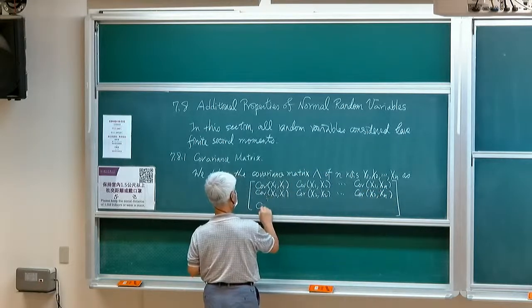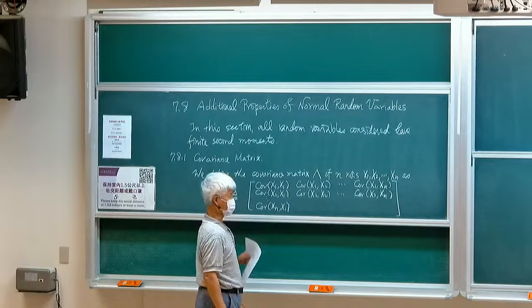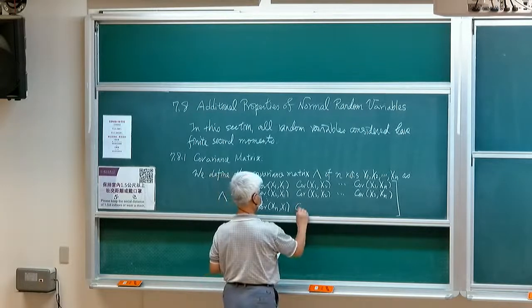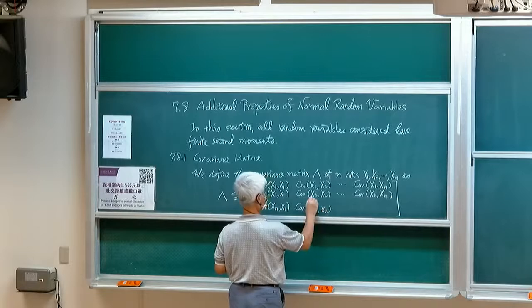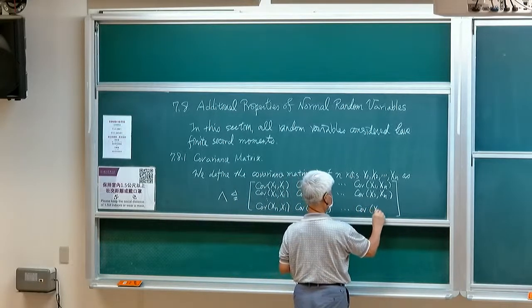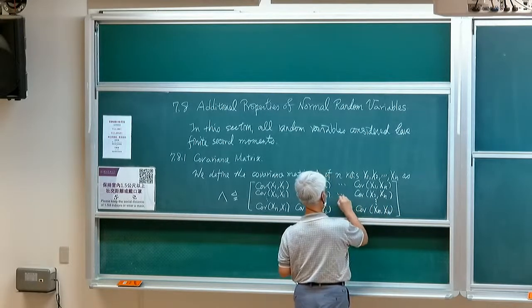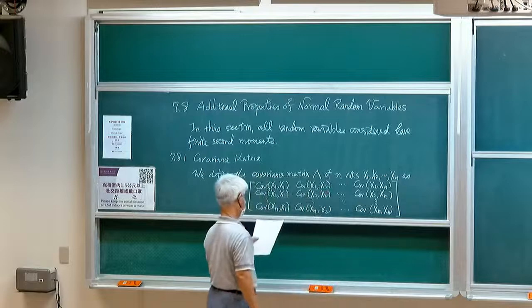And the last row is covariance of x sub n with the xi's. So the first is covariance of x sub n with x1, covariance of x sub n with x2, up to covariance of xn with itself. Okay.